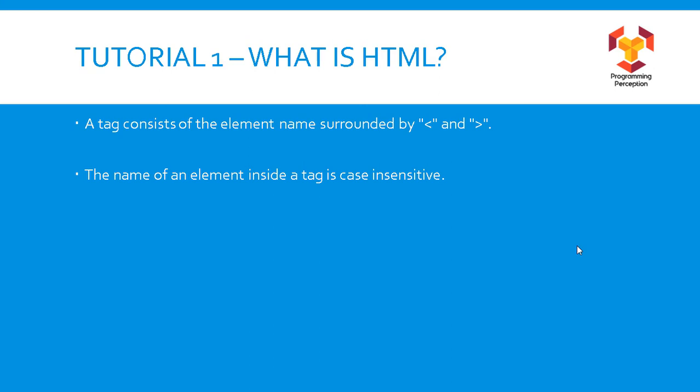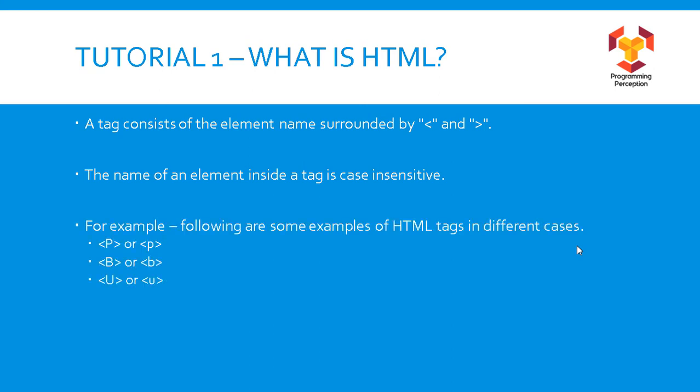It means that for HTML, lowercase and uppercase characters are exactly the same. So for example, these are some HTML tags that we basically use, and you can see whether we use them in uppercase or lowercase, it means the same. We will see that in our HTML document which we will create soon.